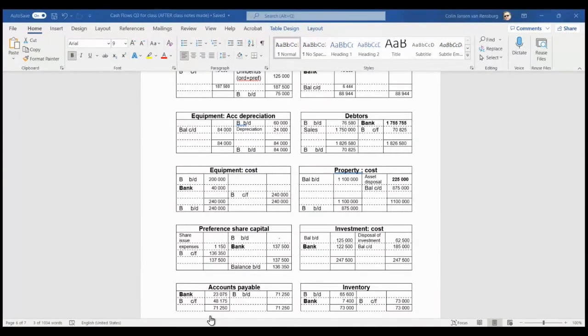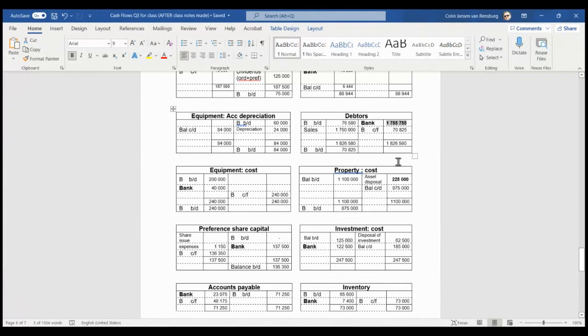Can you confirm for me you also get 1,755,755 as a balancing figure? Yes or no? I've lost a bit of confidence in the figures. Yes, correct. Okay. Thank you very much, ladies and gents. So that is then indeed correct.